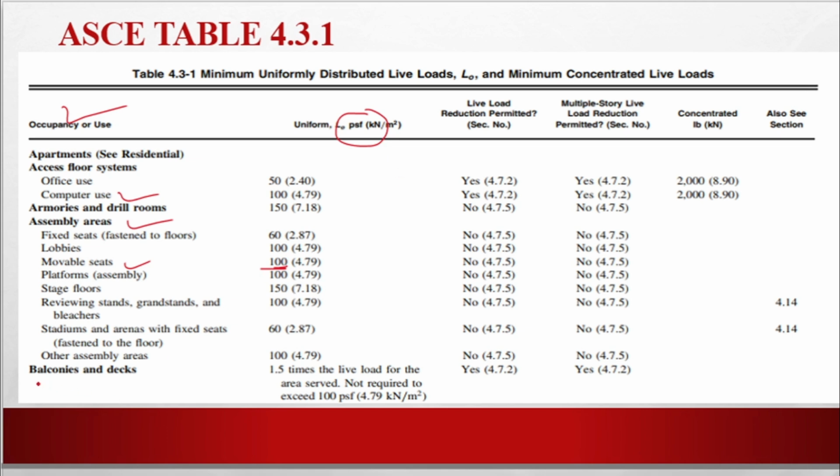In balconies and decks, you will take 100 psf. And in coming lectures, we will also discuss live load reductions, which produce a lot of economy in your structure, because the code allows live load reduction, but within certain limits.